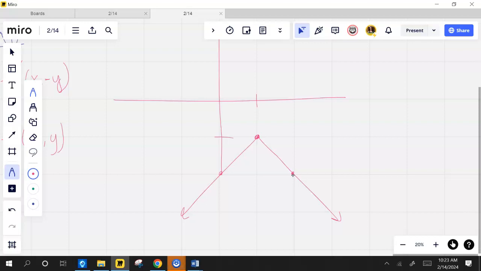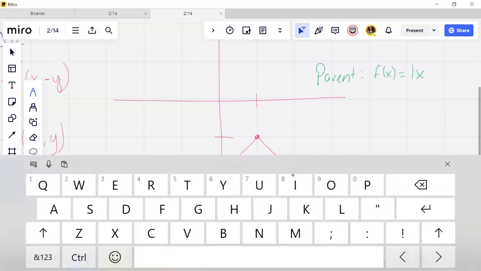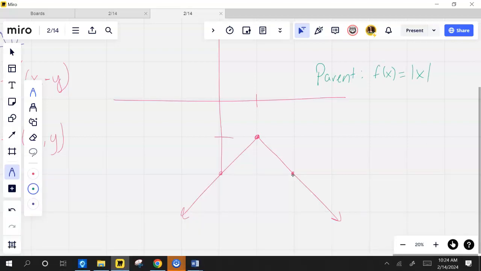Give me the parent. This one. What is this? The absolute value parent. This is what your homework will look like. Tell me the transformations that are happening.